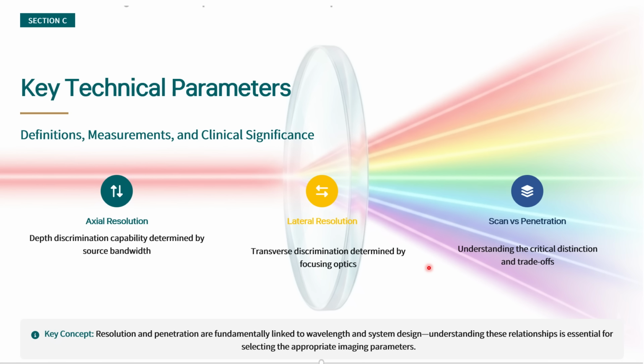All these terms should be well known so that we understand the relationship between resolution and penetration, which are the fundamental principles of the OCT, and their relation with the wavelength or the bandwidth. So this is a very important slide.